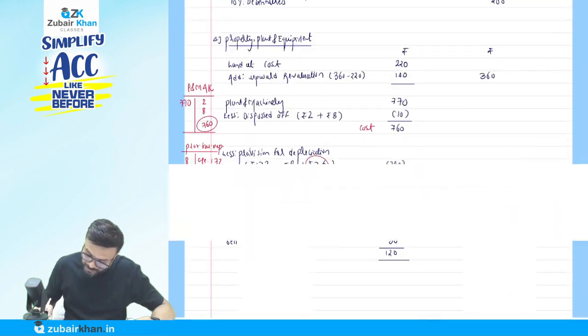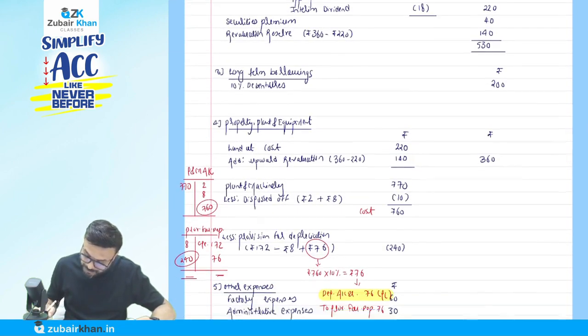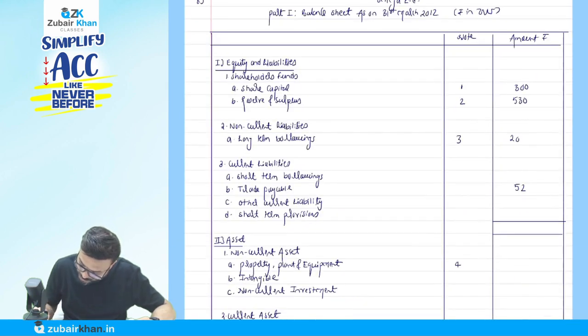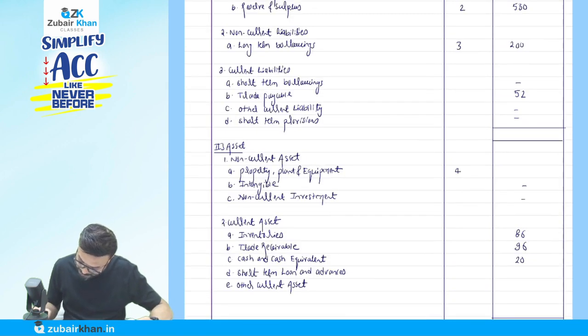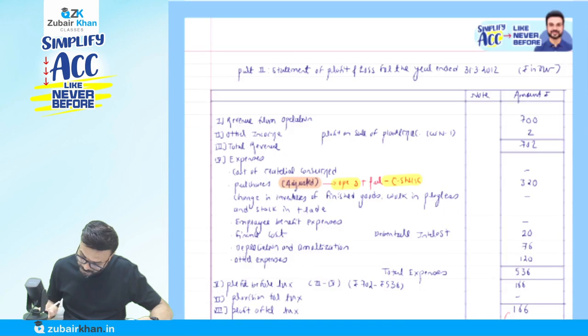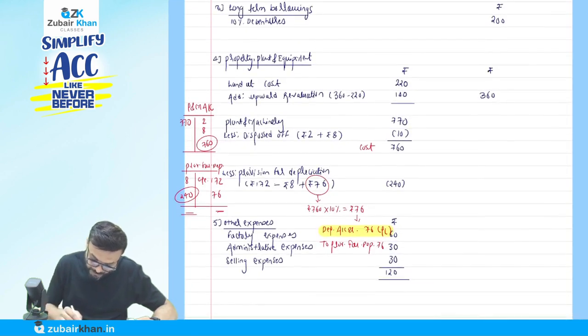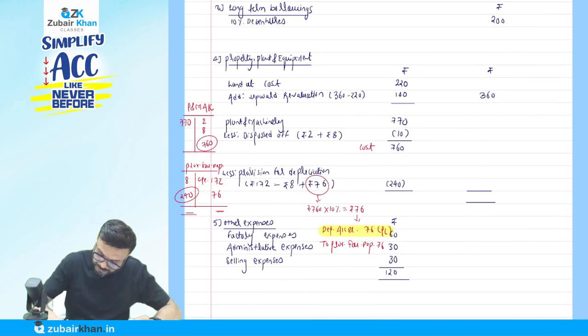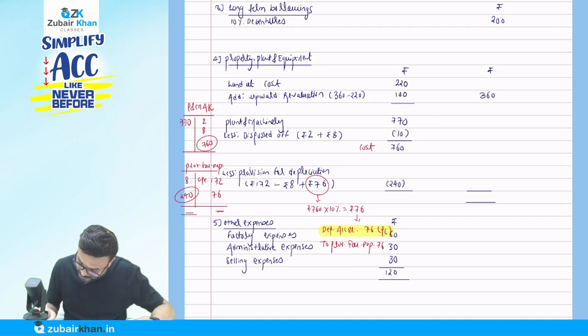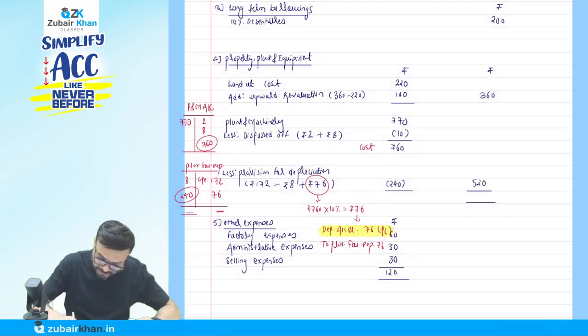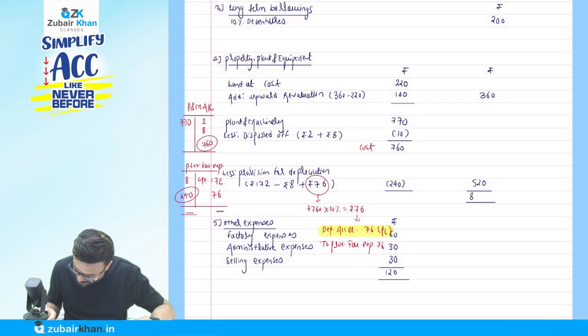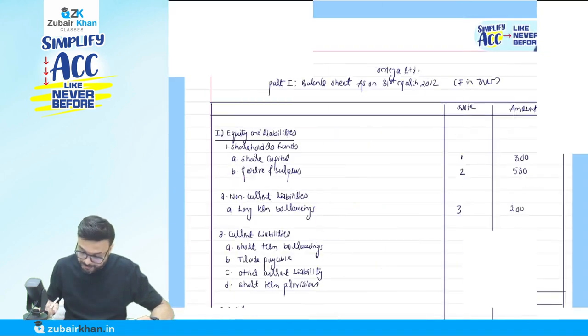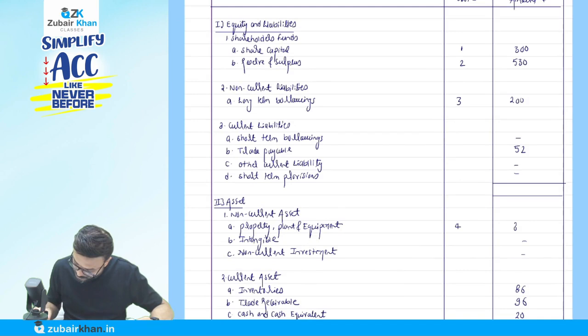Then we have note to account number 3, one figure only, 200. There are no short term borrowings. Now, the property, plant and equipment that they have, write down these figures in the outer column: 760 minus 240 is 520, plus 360, that comes to 880.